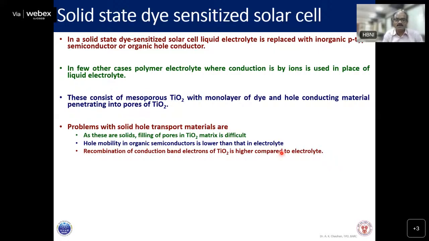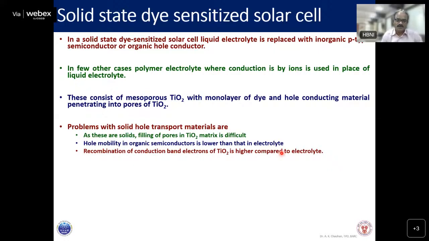And then hole mobility in organic semiconductors is low as compared to electrolytes. With electrolytes, the conductivity was higher, but with solid hole transporting materials, the conductivity is low. But your advantage is that you are removing a liquid part.